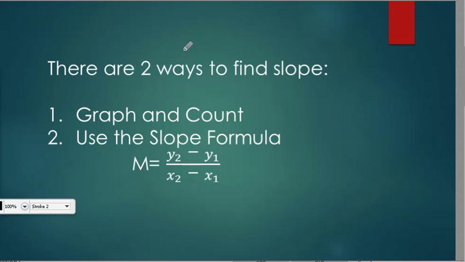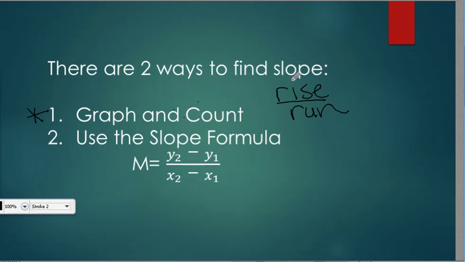So there are two ways to find slope. One of them is by graphing the line and picking 2 points on the line and then counting the change in y over the change in x, or the rise over the run. Okay, and I'm going to teach you how to do both of these. So one way is to graph and count.